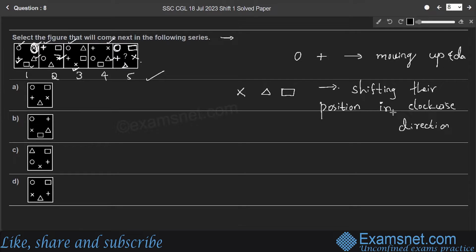Therefore, the fifth figure looks like this: first a circular symbol, next a rectangular symbol, the third sign will be a plus sign, the fourth sign should be a cross sign, and at last there will be a triangular symbol. So option A is exactly the fifth figure in the given series. Option A is the right answer.